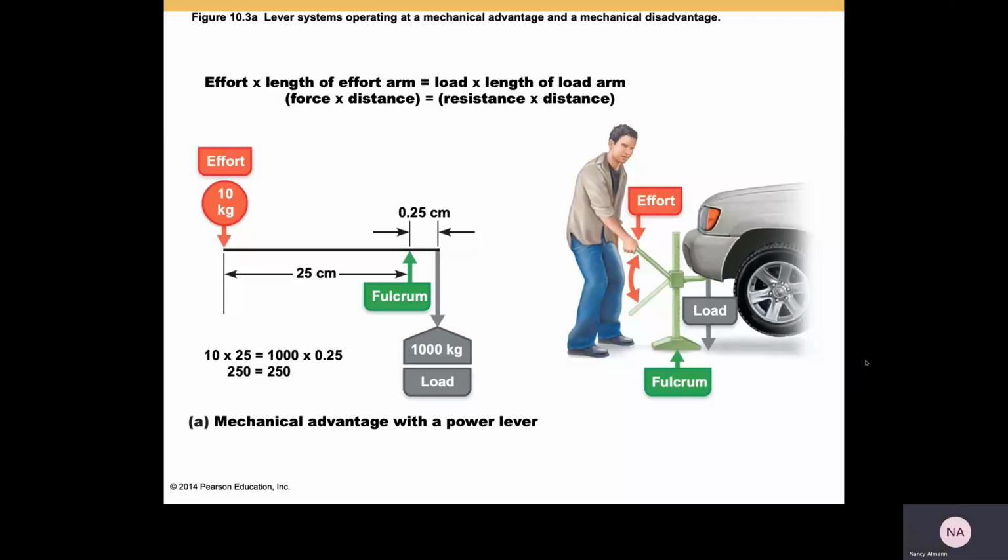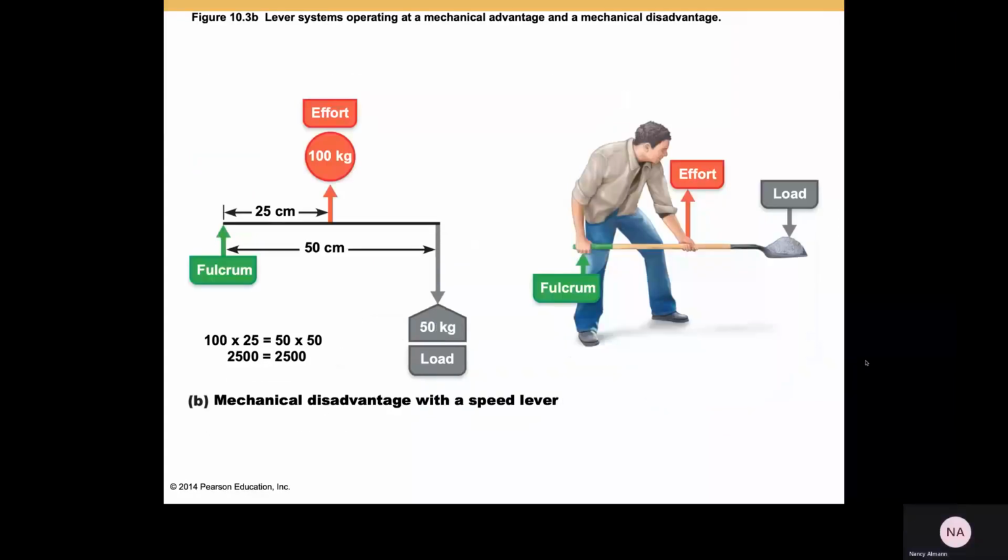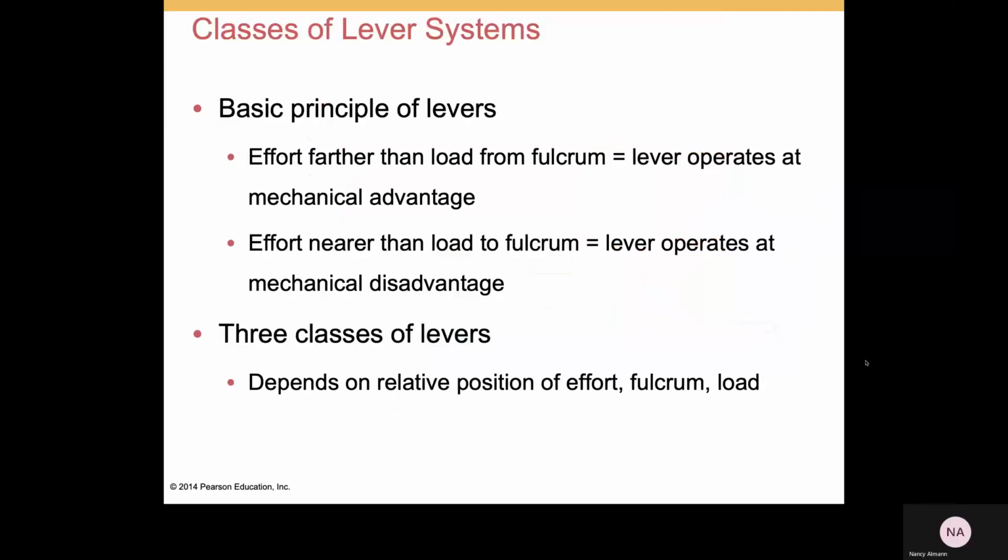We're going to buzz through the rest of this, and I'm going to tell you exactly what you need to know. So that shows you a mechanical disadvantage with the speed lever. I rarely, if ever, put a lot of questions about levers on the assessments because you actually need to spend time learning the muscles.